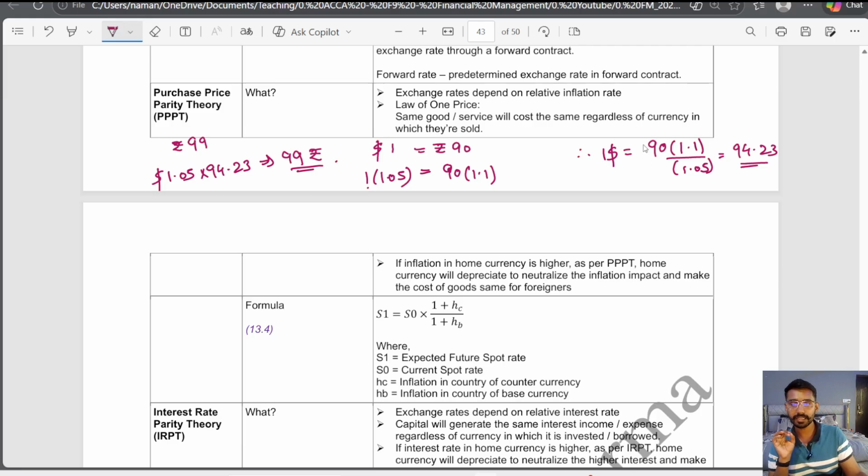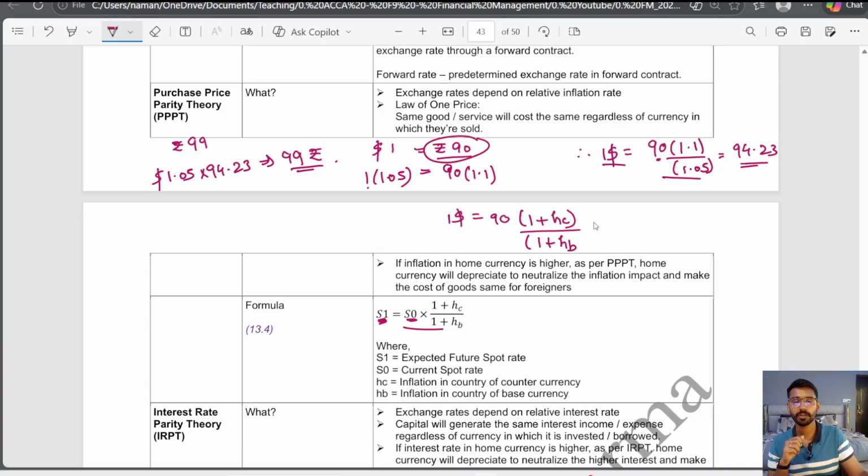Now when you convert this into a formula, it looks something like this. Your future spot rate is going to be the current spot rate, which is 90, multiplied by 1 plus inflation of counter currency, rupees being the counter currency, so inflation of rupees, divided by 1 plus inflation of base currency.